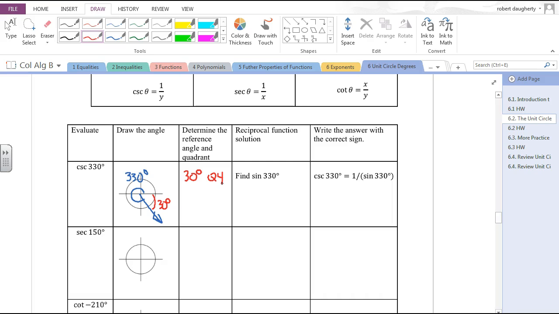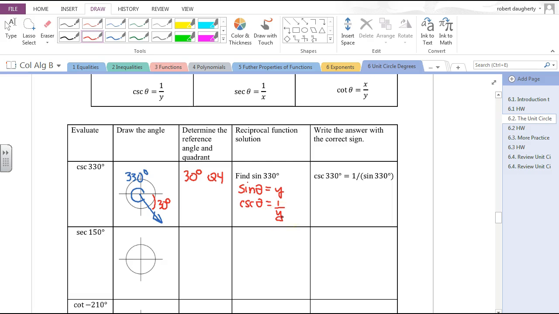Okay. Now I've got a couple of choices. I can find the sine and then take its reciprocal, because that's what this reciprocal is. Or I can just say, okay, I'm looking for cosecant. That's the reciprocal of sine. So I'm not looking for y, I'm looking for what? What's the reciprocal of y? No, 1 over y, okay? So you got choices here. So I can just say if the sine of theta is y, the cosecant of theta is going to be 1 over y, okay?